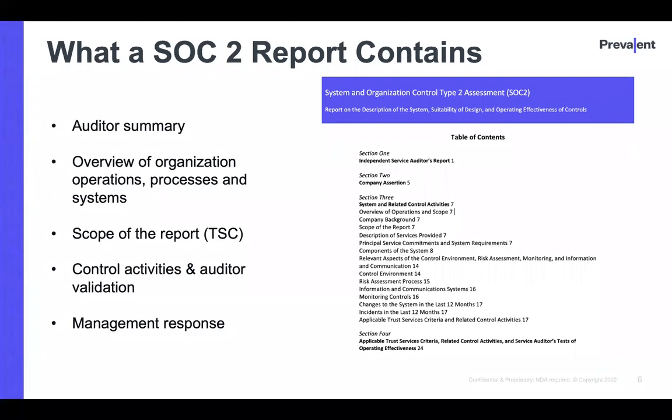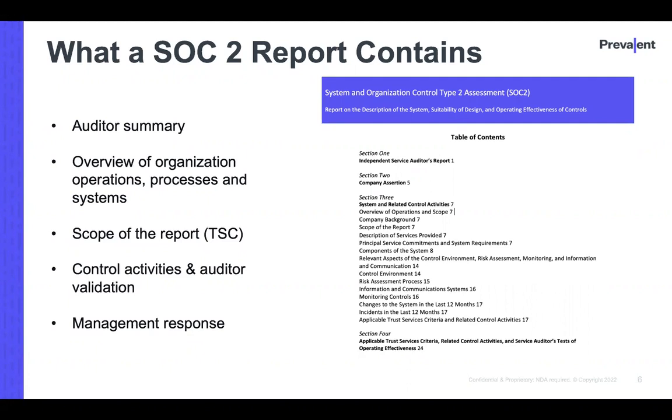So when it comes to the auditor summary, what are we looking at here? Like many reports, you'll typically find a high-level, almost executive summary, if you will, that sets the scene for the wider report. This is where the auditor presents a summary of the results, an overview of their assessment methodology.